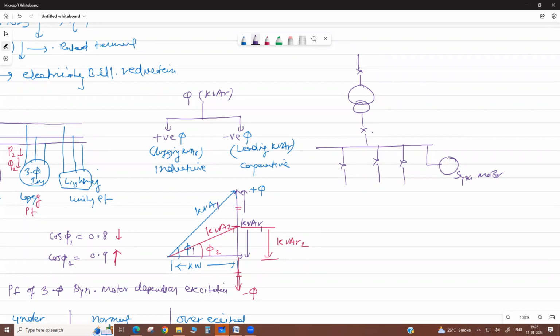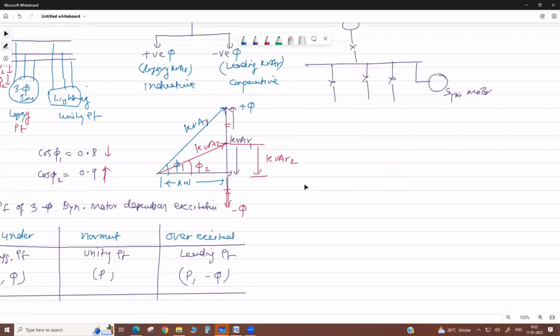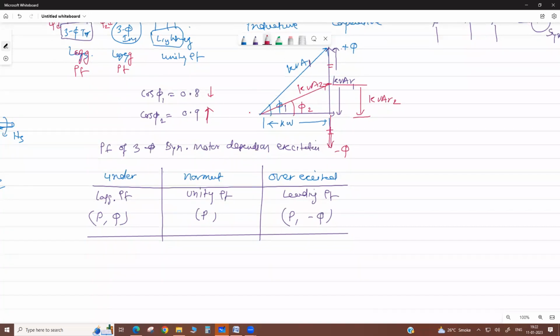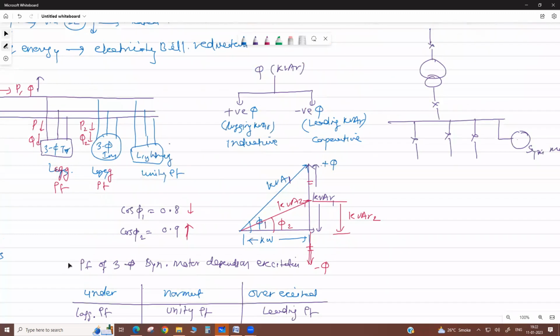It is placed before this motor only, not downstream, just like we use a capacitor bank. That's why in the overexcited state, it operates at leading power factor and starts to supply reactive power to the bus bar.